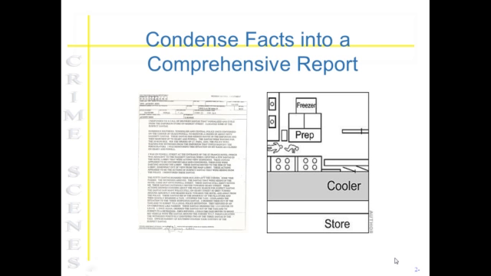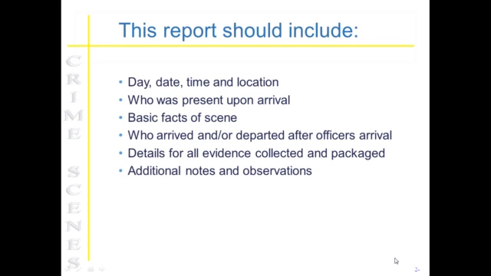All of these facts are then going to be condensed into a comprehensive crime scene report. This may include a lot of written pages, but it also may include any sketches, any photographs, and the attachment of any videos that were taken.